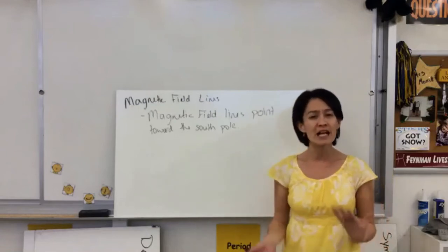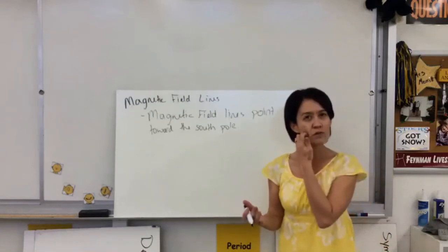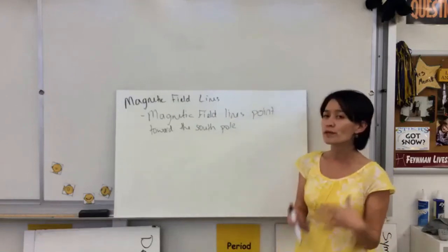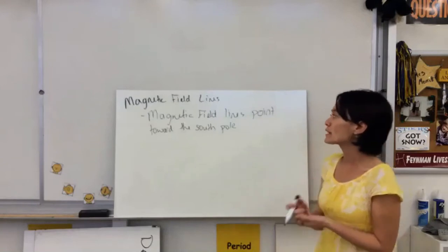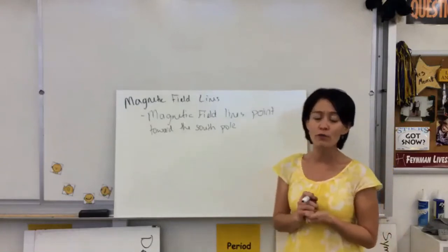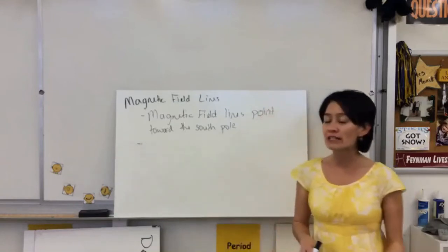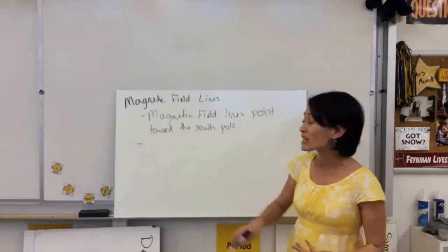When you come back to class, we'll talk a little more about the Earth's magnetic field and the oddities of it. But for our purposes in physics, you need to understand that magnetic field lines are always going to point towards the South Pole. Just like electric field lines, the density of magnetic field lines tells you the strength of the magnetic field.